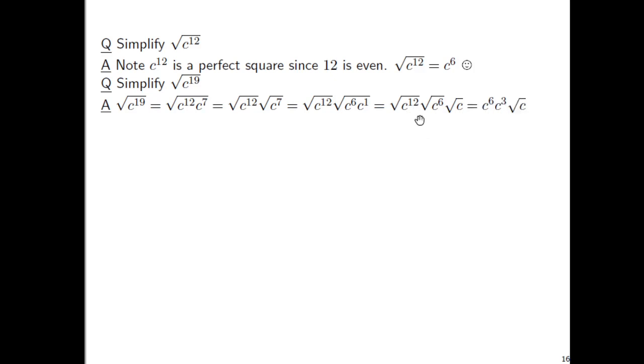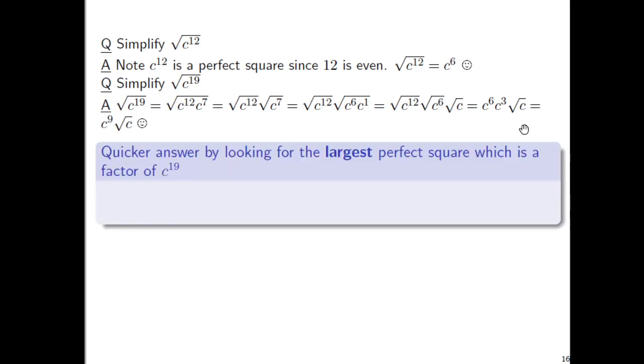The first one, root c to the 12th, becomes c to the 6th, no longer in a radical. The second factor, root c to the 6th, becomes c to the 3rd. And the third factor, root c, won't simplify further, so we just copy root c. Lastly, c to the 6th times c to the 3rd, multiplying things with the same base, we add the exponents, so we end up with c to the 9th times the square root of c.